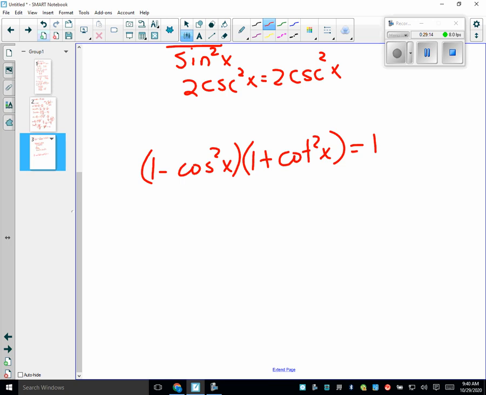Isn't it 1 minus cosine squared x, sine squared x? Yep. Let's work the right side. One. And I think 1 plus 2 cosecant squared x. So do I have sine squared times cosecant squared?